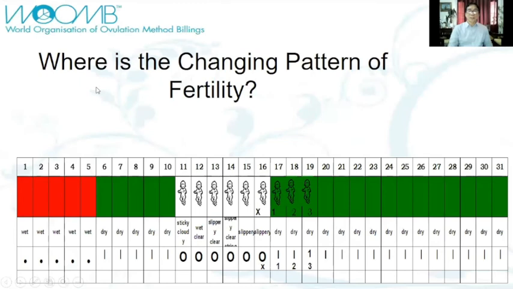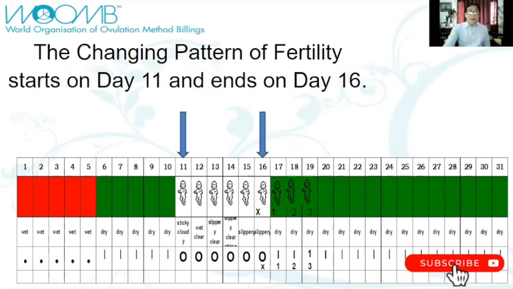Okay? So let's have a little bit of exercise or quiz. Where is the changing pattern of fertility in this particular chart? Let's try to check. It starts on day 11 and it ends on day 16. That is the entire changing pattern of fertility. I repeat, from day 11, sticky cloudy, until it ends with a slippery sensation, which is day 16.